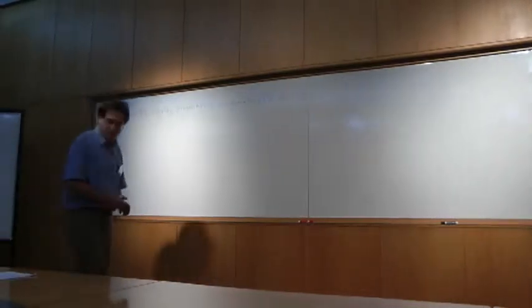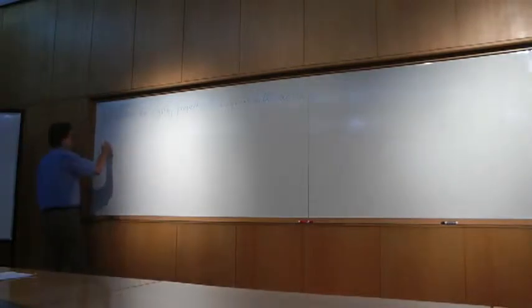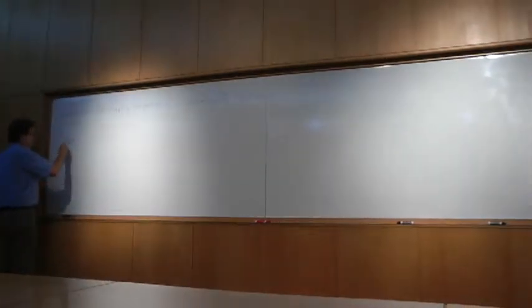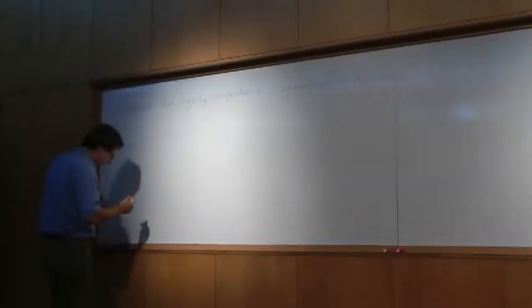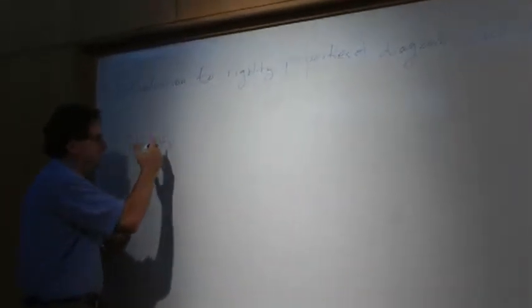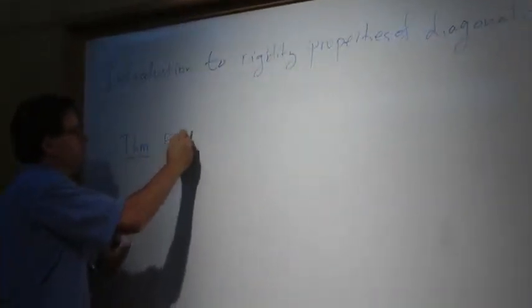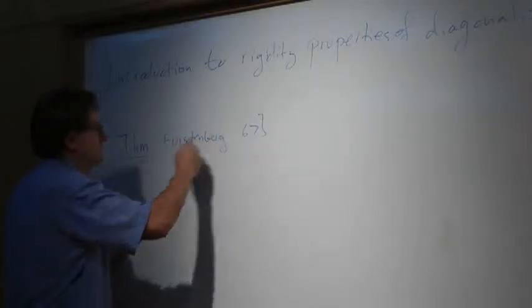In any case, here's sort of a starting point for my talk. Not very difficult, but it turns out a very influential theorem, very fundamental insight of Furstenberg. And this is from 67, I believe.